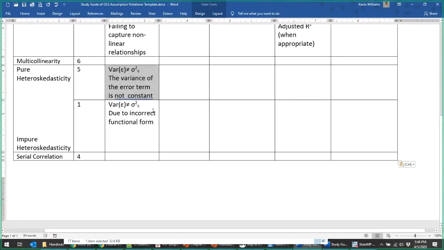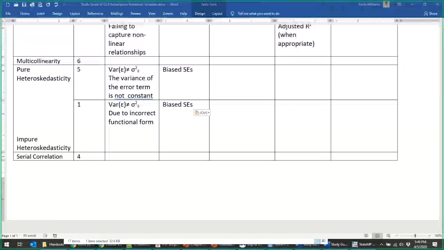Heteroskedasticity has to do with the error term. It's going to be when the variance of the error term is not constant. And regardless of whether we're talking about pure or impure heteroskedasticity, the consequence of it is that it's going to bias our standard errors. In other words, our t-statistics are going to be wrong, our guesses as towards statistical significance, all of that's going to be incorrect.